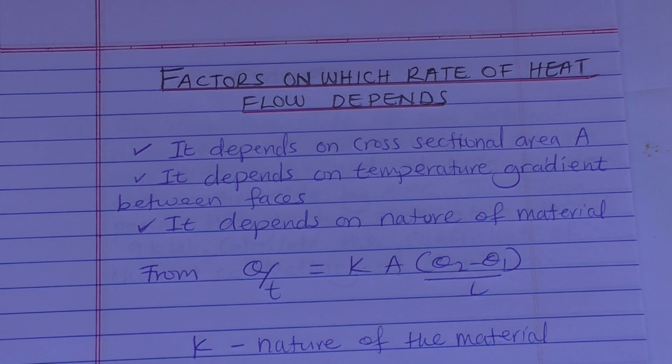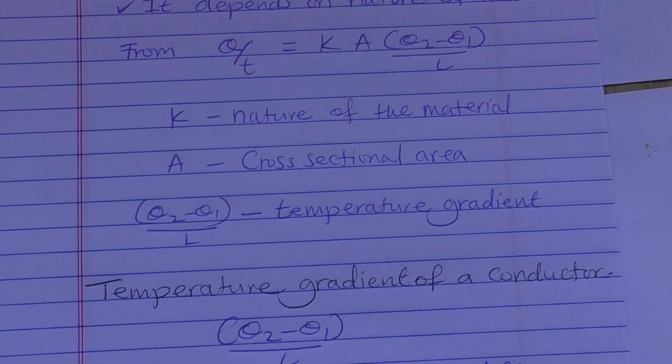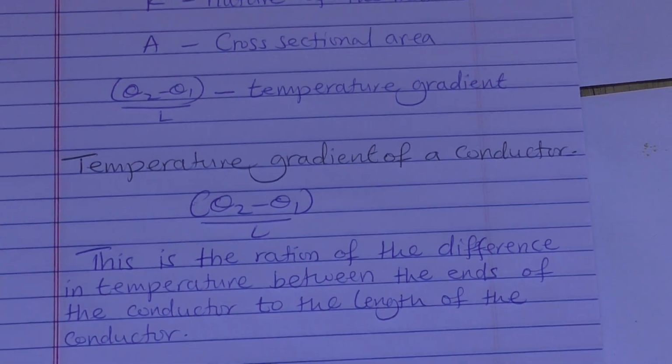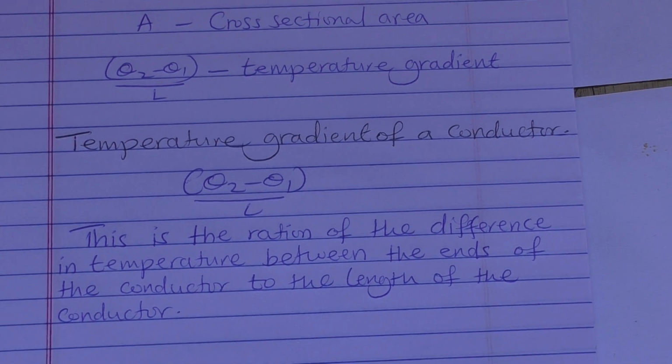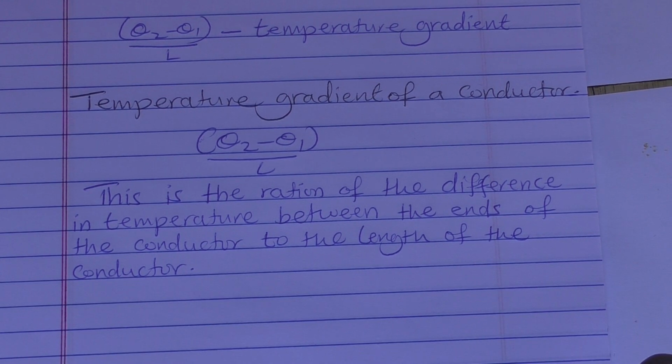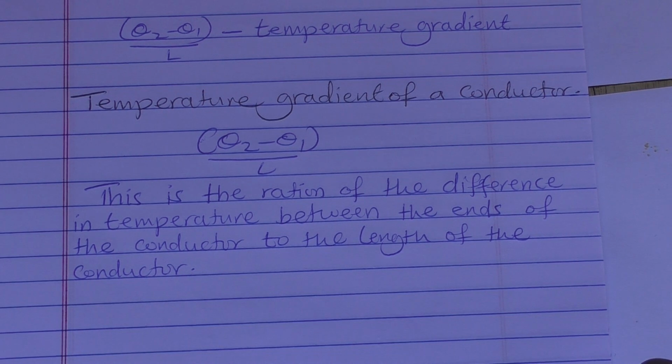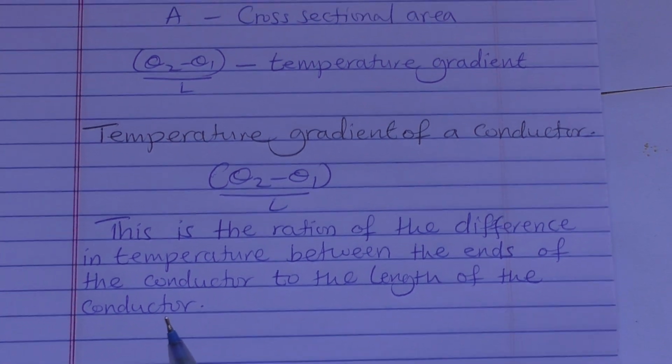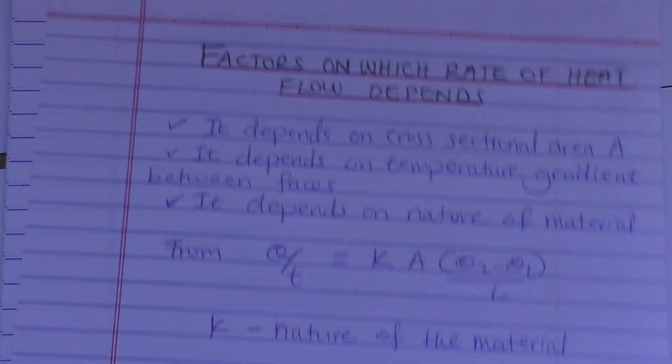Those are the three factors. So we've seen the temperature gradient of a conductor as the ratio of the difference in temperature between the ends of the conductor to the length of the conductor. That's the definition for temperature gradient.